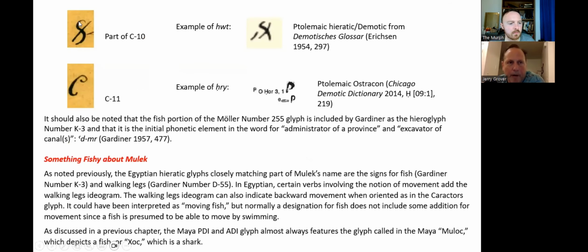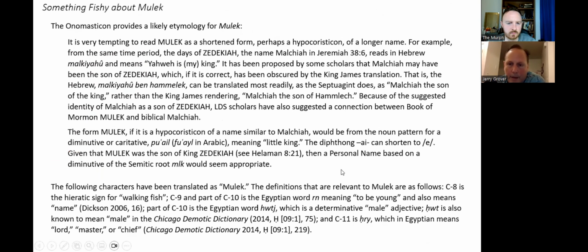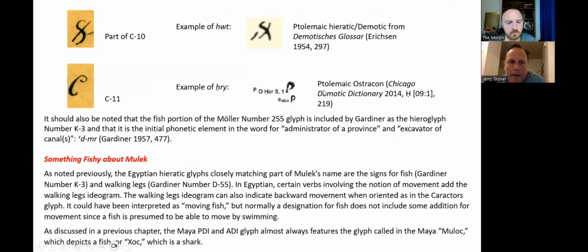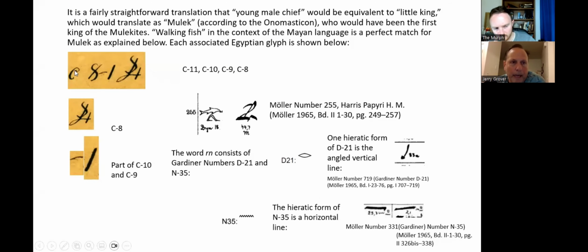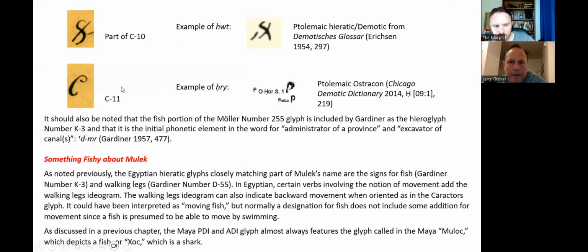And then you have this part of the C10, which you see over here in the demotic, that meets that HWT, which is the word I told you that meant male. And then this glyph, which is this last one over here, this C11, means HRY.